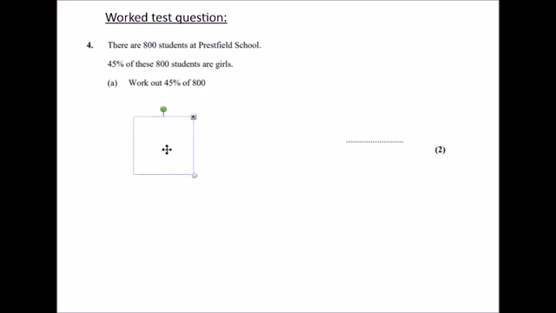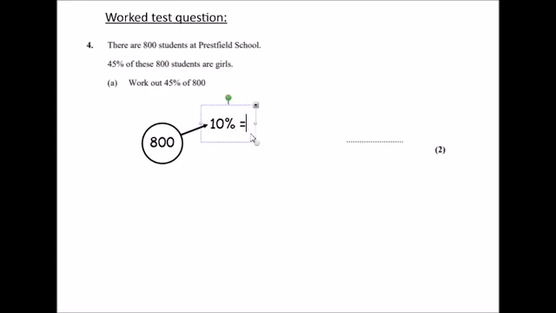So let's put 800 in a bubble. And as I said before, first of all, let's work out 10%, because 10% is always really useful. So 10%, we know that we divide our number by 10. So 800 divided by 10 is 80.